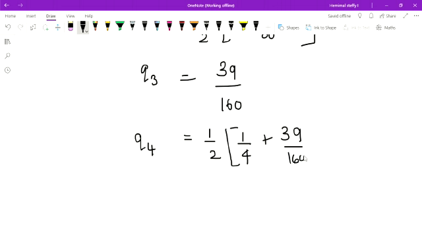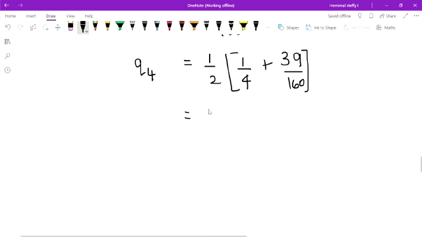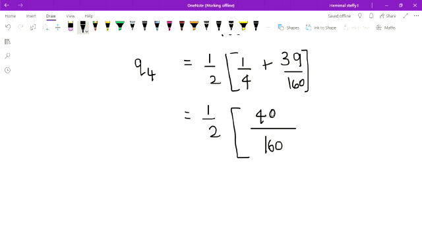So the LCM of 4 and 160 is equal to 160. Then 4 into 160, how many times? 40 times. So I multiply 1 with 40. 40, 39 as it is I am writing. 160 divided by 160 is one time, so no need to multiply by 1. As it is I am writing.